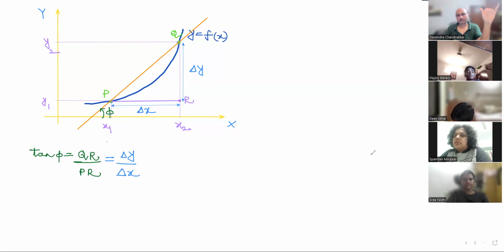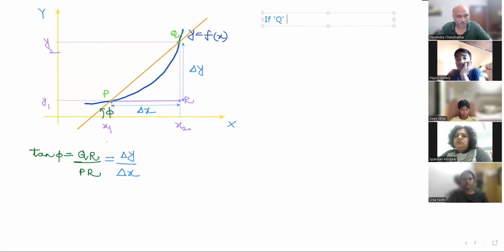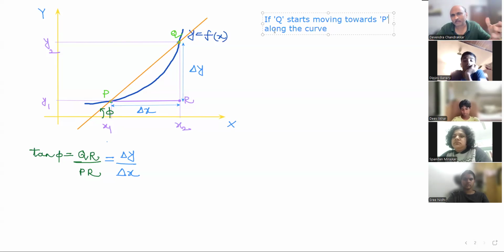No, sir. Good. So now what we do here is, now I'm writing some conditions here, so please pay attention. If Q starts moving towards P along the curve, just don't write anything, just try to figure out what is happening. If you have any queries, just read it again, right?